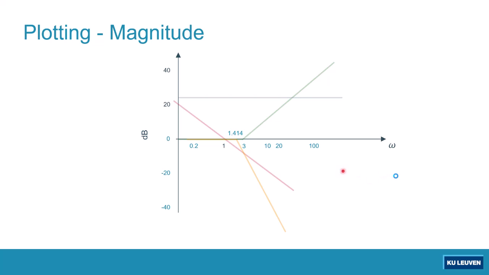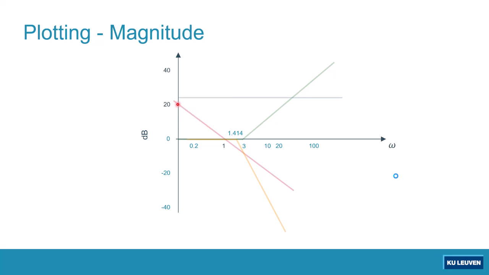But now I will superpose all of these plots separately. I will split it into different regions. I will start with the low frequency up to the first corner frequency at 1.414 radian per second. If you look at this, I will have a constant line because of G1 for the magnitude plot, where the value is equal to 20 log 15.